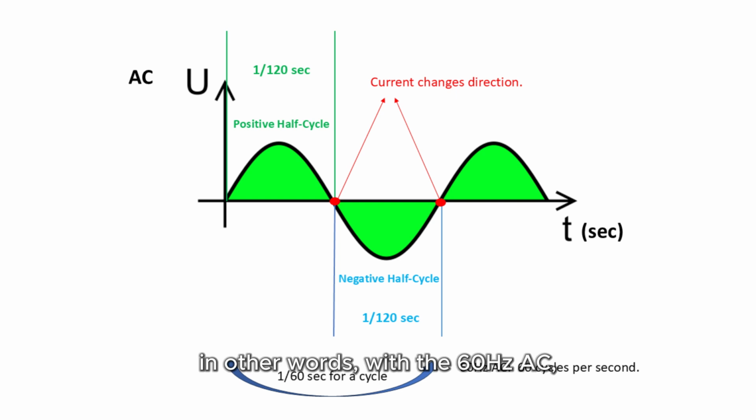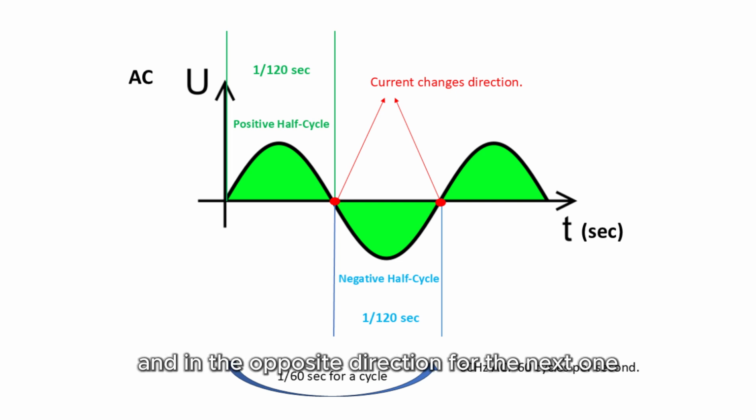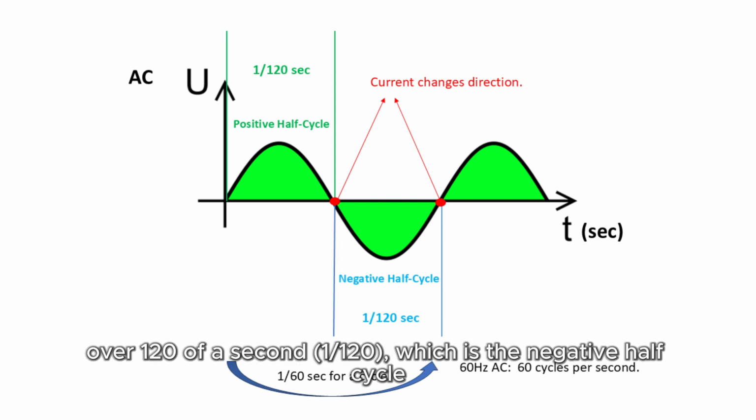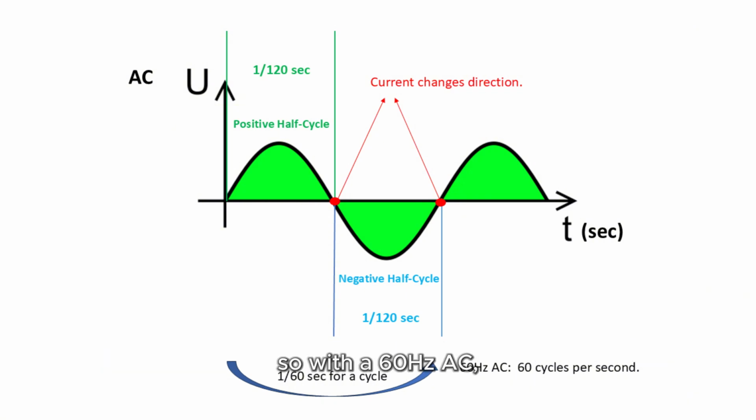In other words, with 60 Hz AC, the current flows in one direction for the first 1/120 of a second, which is the positive half cycle, and in the opposite direction for the next 1/120 of a second, which is the negative half cycle. So, with 60 Hz AC, the current changes direction every 1/120 of a second.